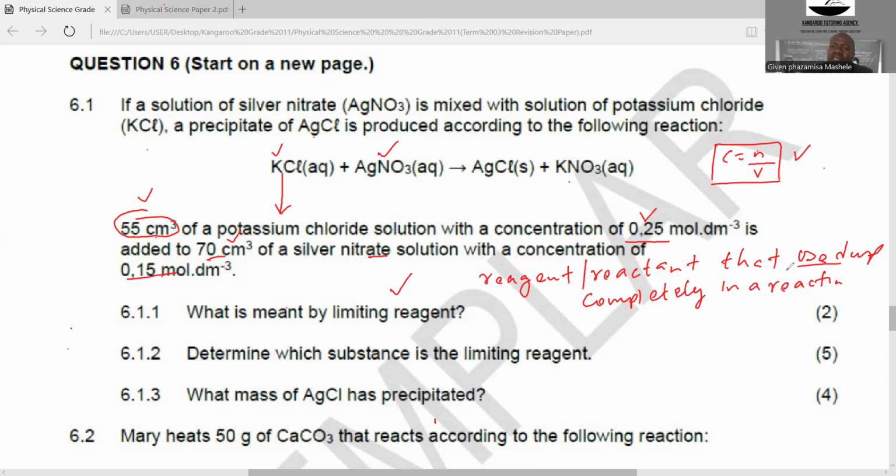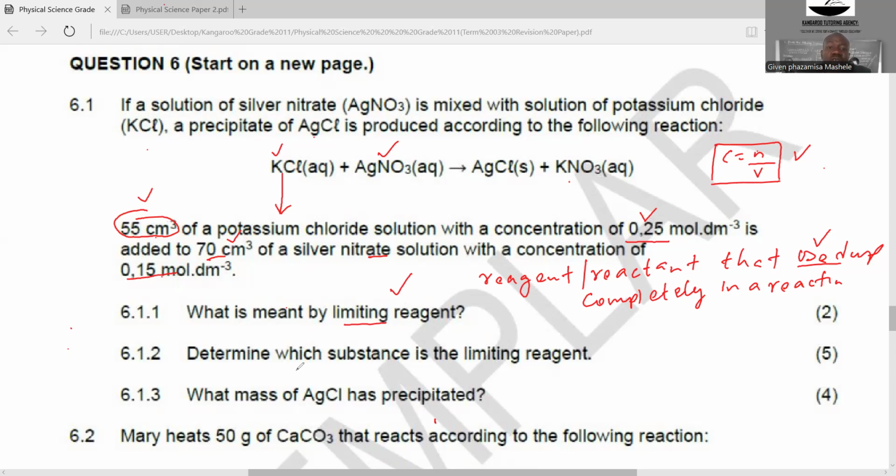The one that is not used up will be the excess. So what does this mean? It is the substance that determines whether the reaction stops or not. If the reaction stopped, it shows that the limiting reactant is no longer there. It's used up in the reaction. So that is the limiting reactant.